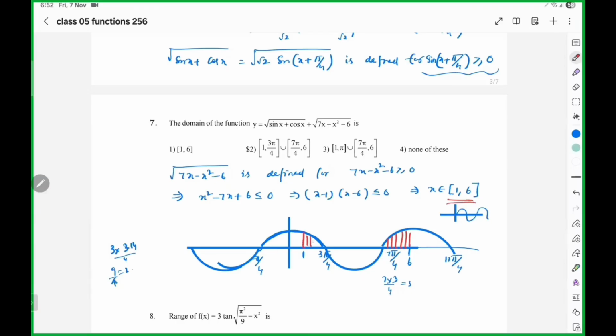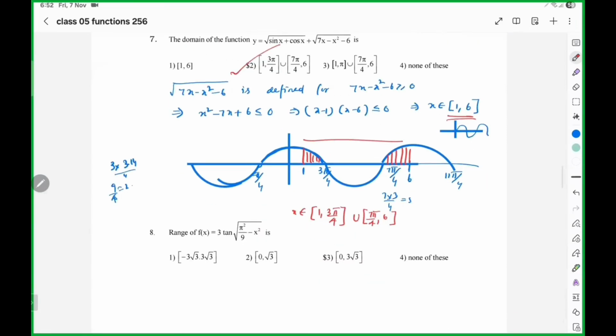After that, 1 to 6 means this whole thing, but in this region it is negative, it should be positive. The common values must be 1 to 3 pi by 4, union 7 pi by 4 to 6. So this will be the domain of the function.